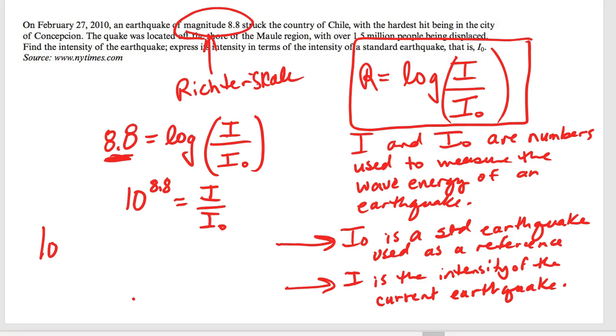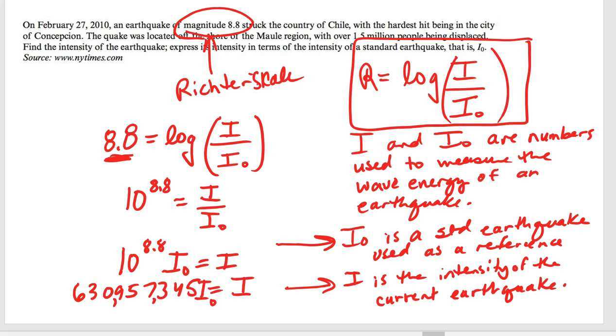Now, I want to solve for I, so I'm going to say 10 to the power of 8.8 times I naught is equal to I. So this tells us that our earthquake in Chile was 630 million, more than that, times what a standard earthquake is.